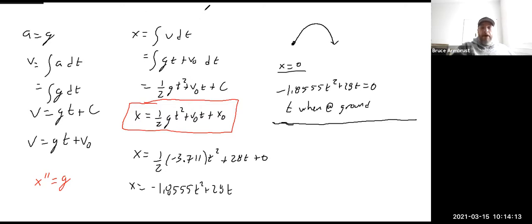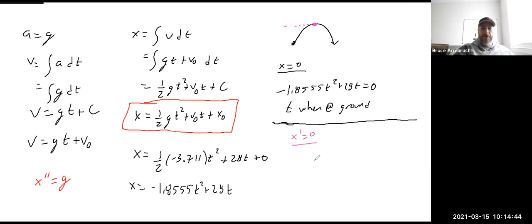The second part asks, not how long, but what maximum height we get. So I'm going to show you the calculus way of doing this. I want to reach the top of my curve. I want a maximum. Well, maximums occur where the derivative equals 0.